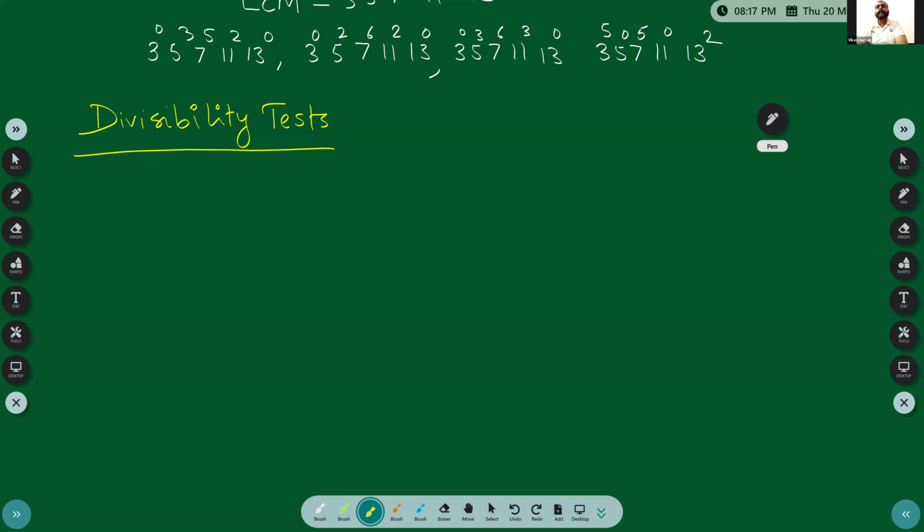Any other way of saying the same thing? No. Okay. Now, when we are going deeper, let us write the divisibility test of 2 like this.